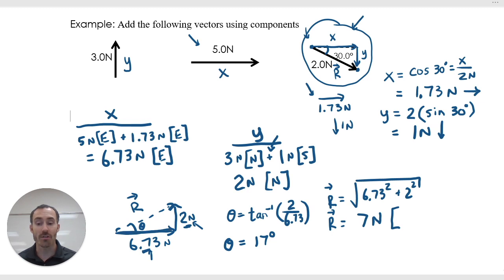Started measuring toward the east, and I measured my angle toward the north. And so our final vector direction should be east, 17 degrees north. And so our resultant vector direction and everything is 7 newtons east, 17 degrees north.